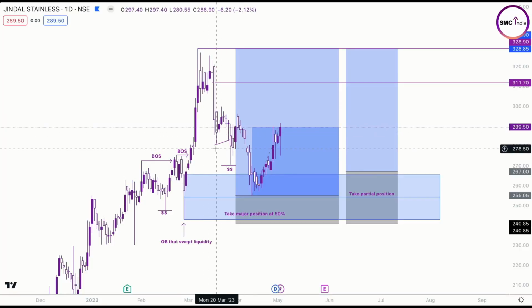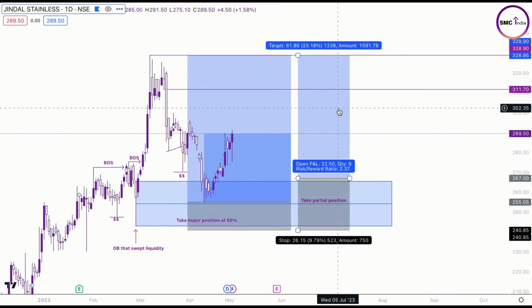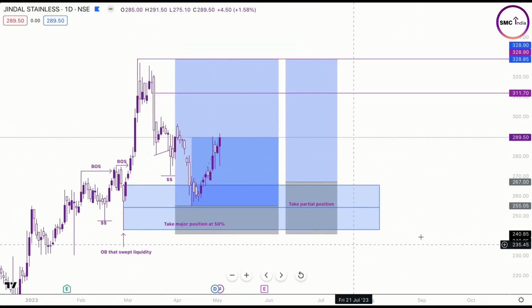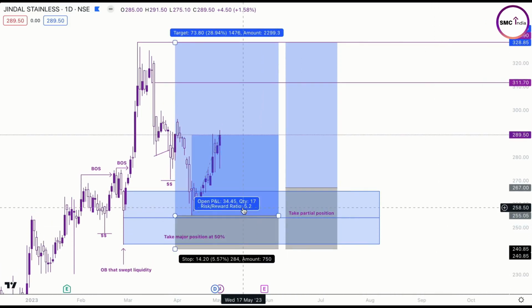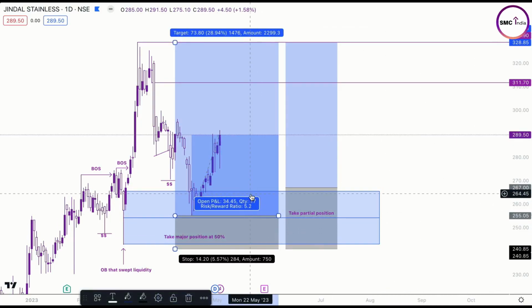And what it did is that it created liquidity here, inducement here, and you could see that I have two positions because this order block is very big. And what I did is that I put my limits here, putting stop loss below this order block. I placed my limits at 255.05.